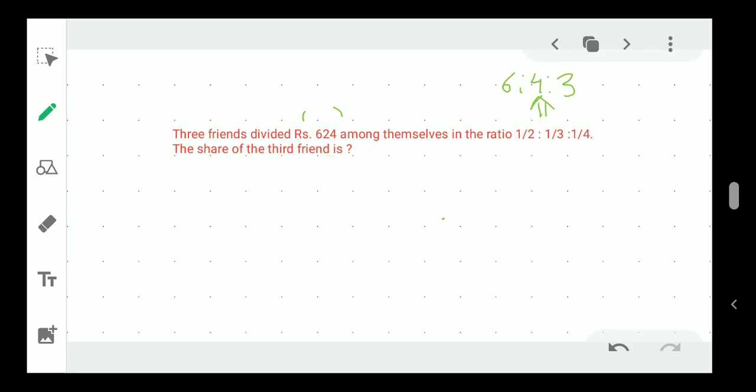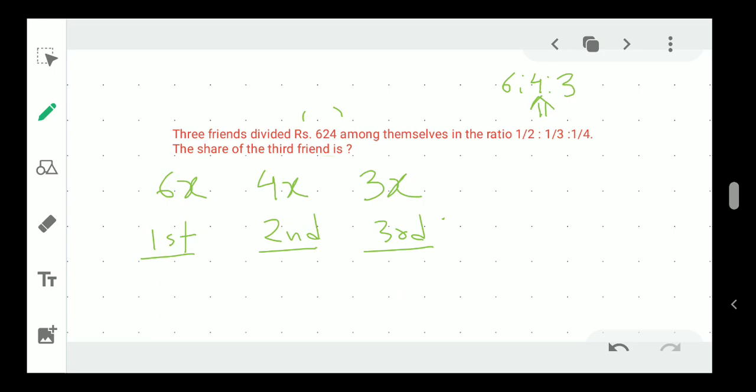Now I have the ratio 6 is to 4 is to 3, which is simpler, and I can say that out of 3 friends, the first one has taken 6x, the second one has taken 4x, and the third one has taken 3x amount. So this is the first person, this is the second person, and this is the third person.